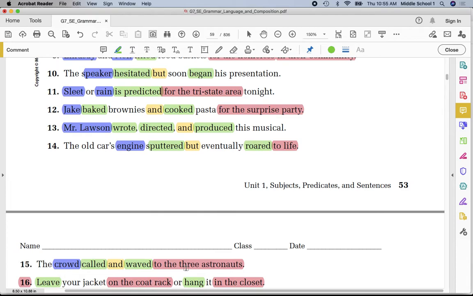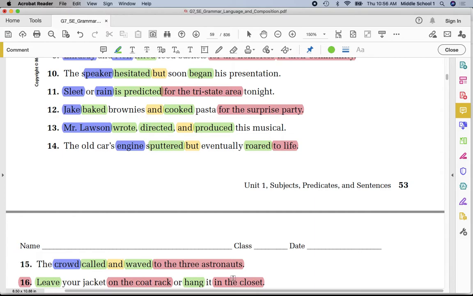In an imperative sentence, I oftentimes have an implied subject. In this sentence, I don't see the subject, but the subject is you. Who should leave your jacket on the coat rack or hang it in the closet? You should. So even though I don't see it, my subject is you. What should you do? You should leave and you should hang, on the coat rack, in the closet.